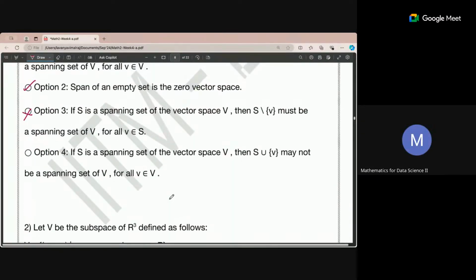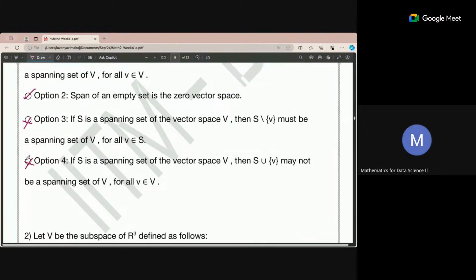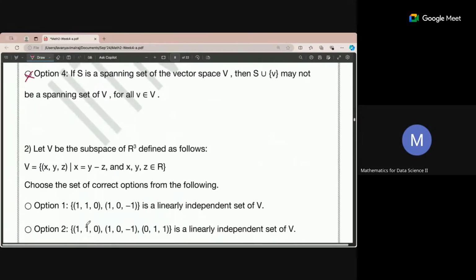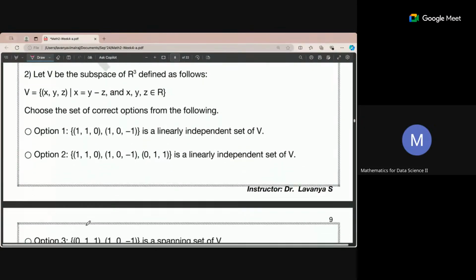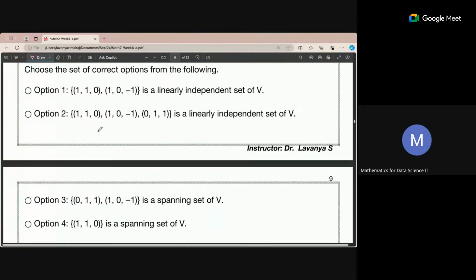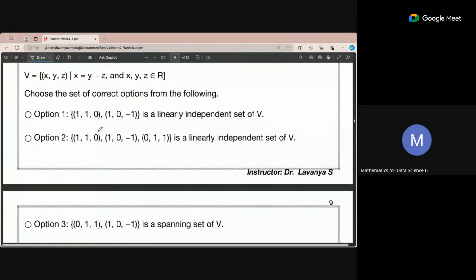If S is a spanning set of the vector space V, then S union {v} may not be a spanning set of V for all v in V. True or false? False, of course, because it contradicts the first statement. Let V be the subspace of R3 defined in this way. Choose the set of correct options from the following. First, let us have a quick glance at the options.